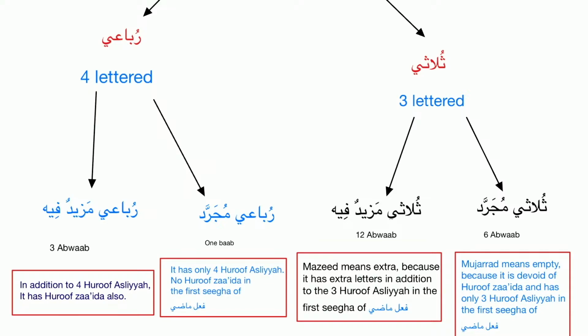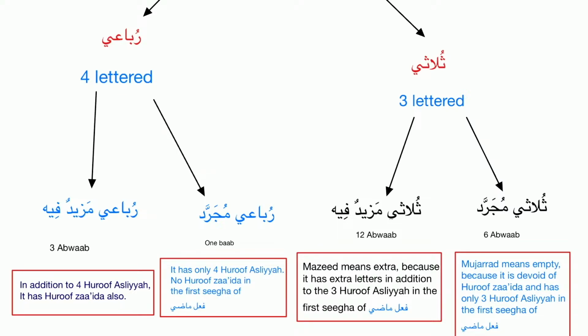Real is the one that is from the womb of the mother. Okay, how it came. Later on we added things to it for our needs. But there are some other ones. So when a fi'l has only 3 huruf asliya, and no added ones, no huruf zaida, no extra ones, so that will be called what?